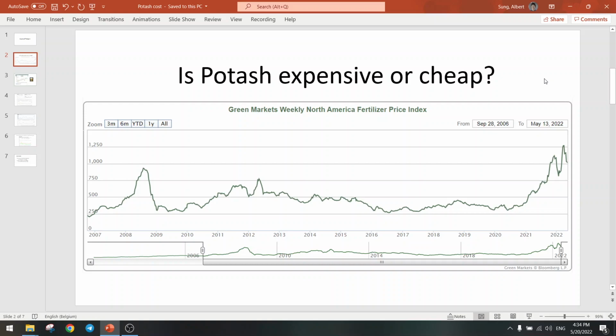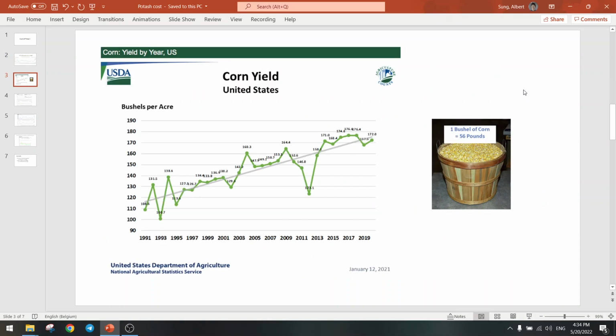cost of potash. Okay, so let's start with the beginning, the basics. Let's say we have corn in the United States and we look at 1 acre. So on that acre we have bushels. So this is a bushel of corn.